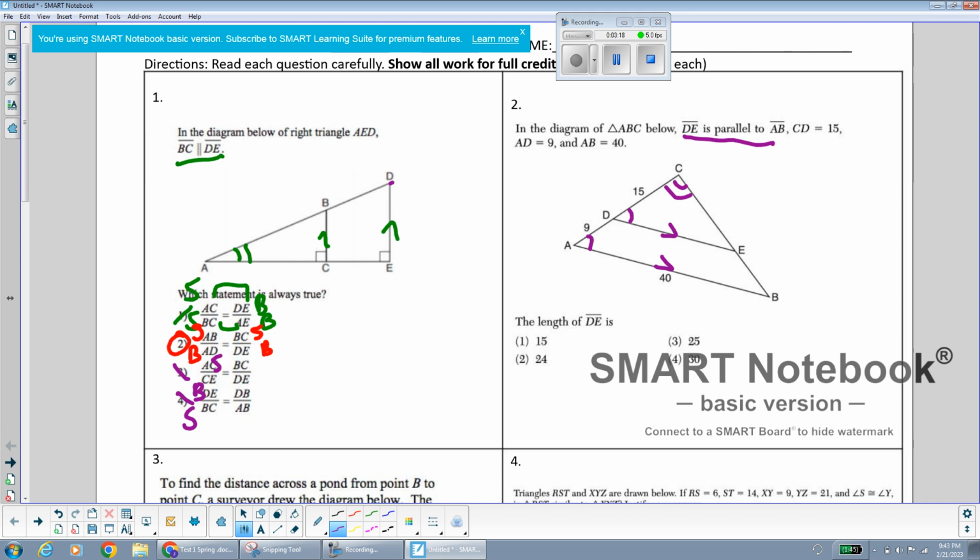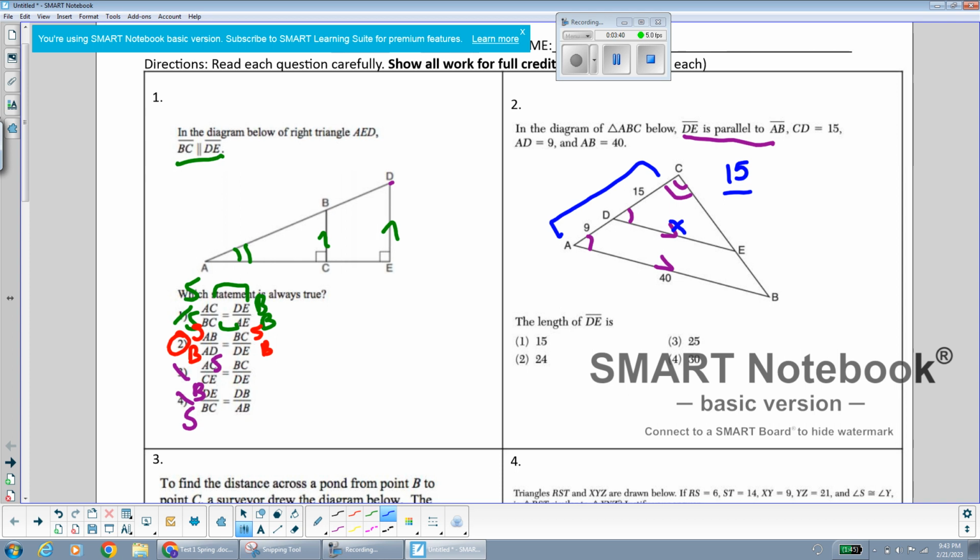So I can set up a proportion here, or I can use the scale factor to find DE, which is what I'm looking for. I'll just set up a proportion here because a lot of people were doing that on their actual test. So I'll do small. So 15 is the side from the small triangle over the corresponding side to it from the big triangle.